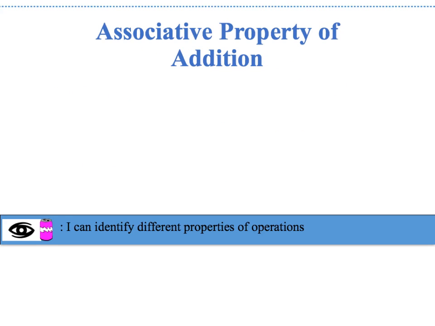The fifth property is called the associative property of addition. So this is the one where we had a picture of a group of friends. I want you to think about this. If I have a group of friends like A plus B plus C, or a group of variables, I can say that A plus B plus C is equal to A plus B plus C. But the only difference is the groups are changing.